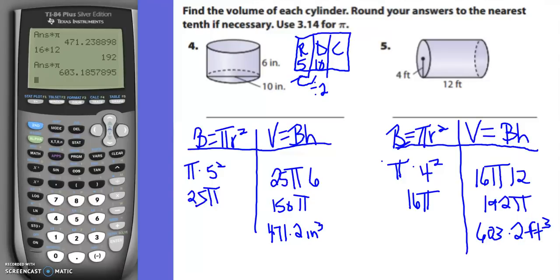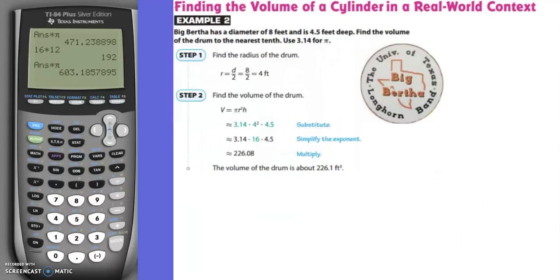Okay, let's flip it to the back side. Okay, on example 2. Big Bertha has a diameter of 8 feet and is 4.5 feet deep. Find the volume of the drum to the nearest tenth.